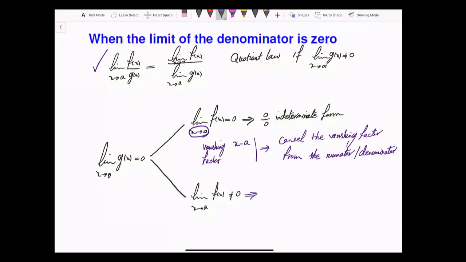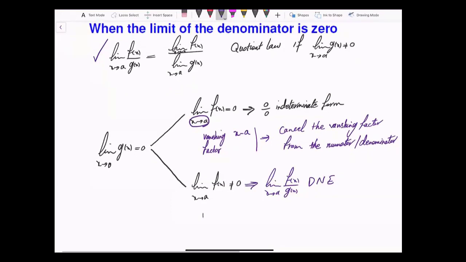How about if the limit of the denominator is 0, but the limit of the numerator is not 0? In that case, the limit of f of x over g of x as x approaches a does not exist. Does not exist is a very general word. In these cases, we can go ahead and make it more precise.